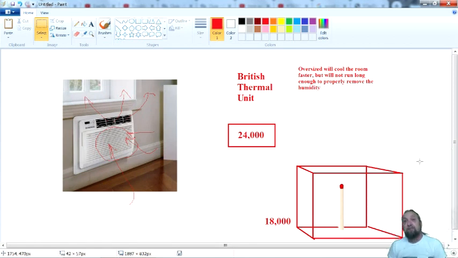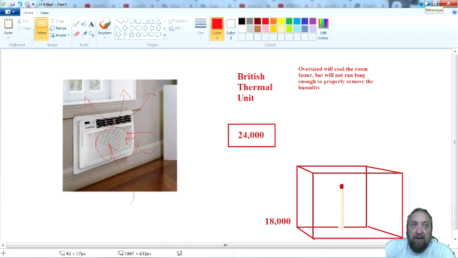But anyways, they don't make them every 2,000. You'll find a 6, maybe an 8, 12, 18,000, 24, 32,000. There's only so many sizes. And so if your measurement of the heat in that room is an odd number, you just go to the very next higher cooling size and you determine that.